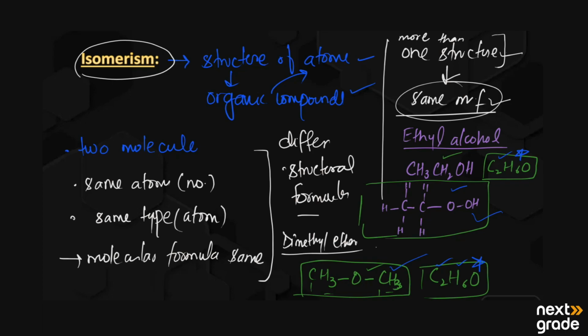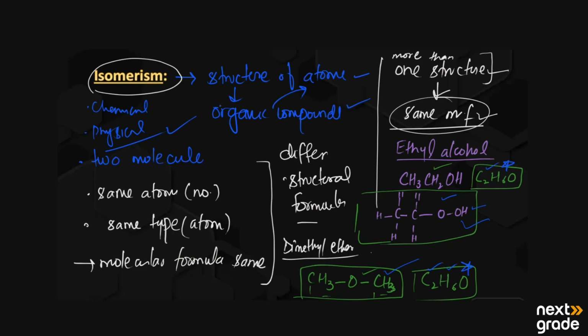Due to this isomerism, these two compounds have different physical as well as chemical properties, as the atoms are linked in a different arrangement. So this is all about today's lecture on catenation and isomerism.